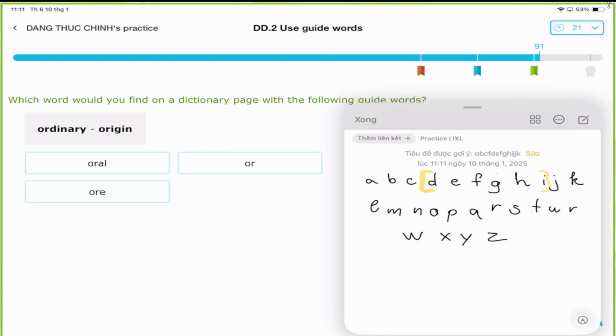Look, E. Maybe this R, I don't know, but I think maybe everything comes after R. But it definitely does not belong in these highlighted. So no, I think it's going to be or.